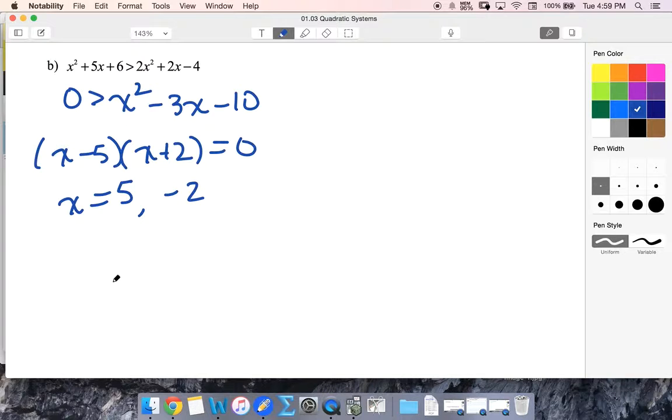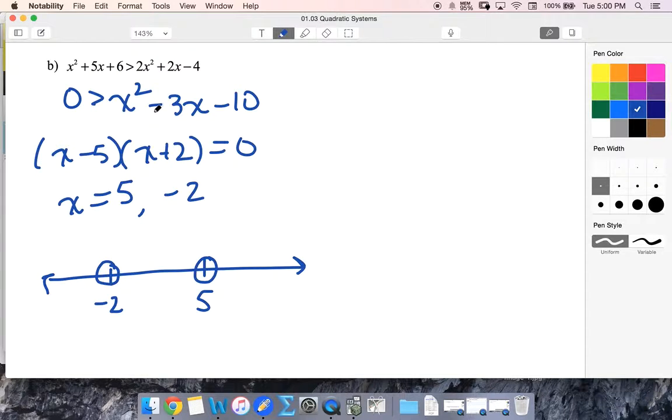Again, thinking of my sign chart, I can also think of my sign chart on the number line itself. So here's negative 2, here's 5. We're definitely going to have open circles because we don't have greater than or equal to. In this case, I want this value to be the smaller value, so I'm trying to make this true.